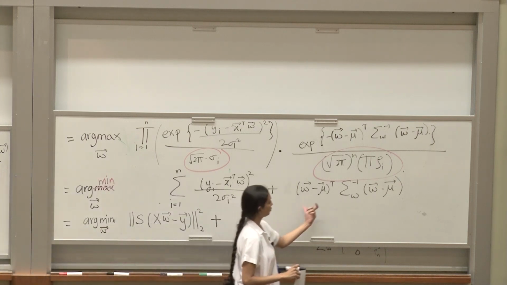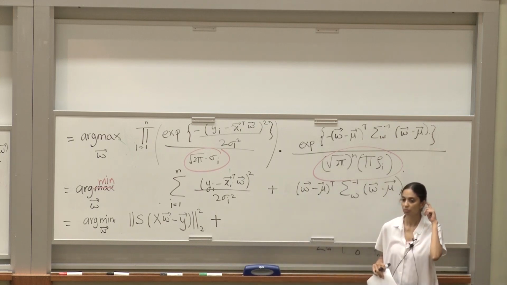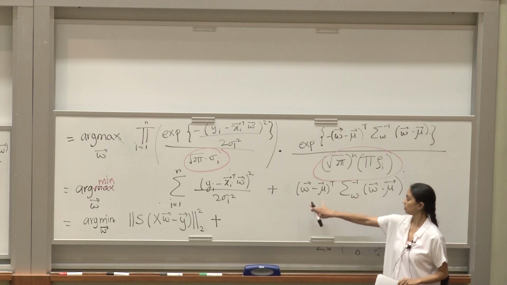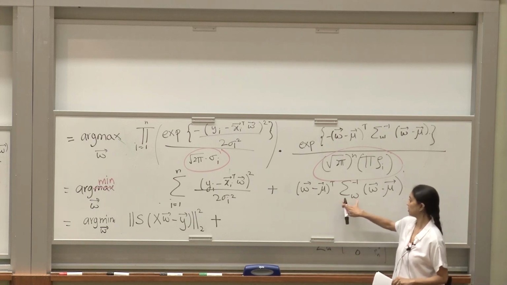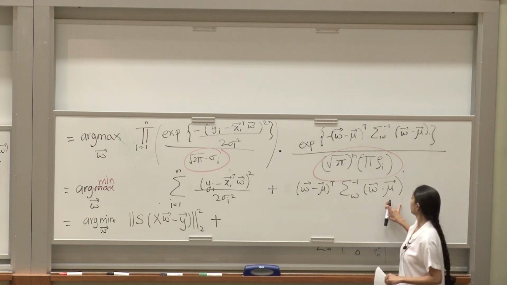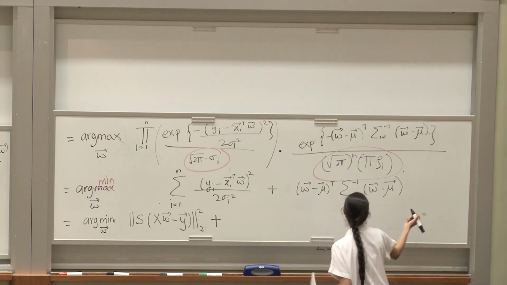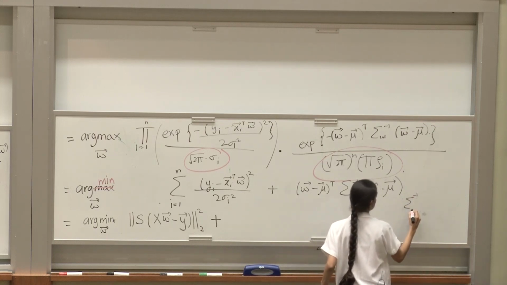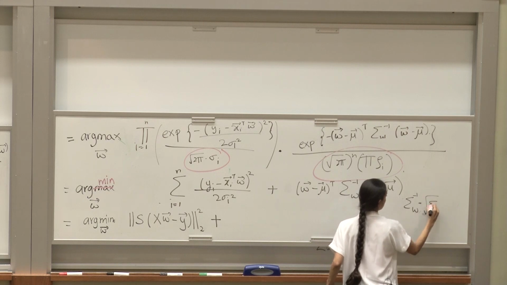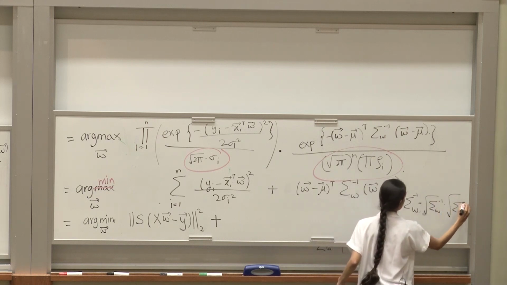Plus, can you write this as a norm squared? This is something, symmetric matrix, something. So if I can write sigma inverse as square root sigma inverse times square root sigma inverse.